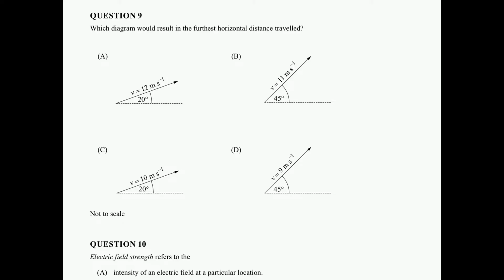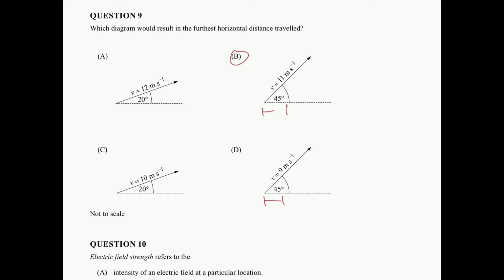I'm going to look, okay, 45 degrees is here for that same velocity, and 45 degrees here for D. And so I can already think, okay, B is going to be the better option over D. I can already say, okay, B's got a greater velocity than option C, 11 meters per second versus 10. So I know B is going to be more correct than D and C.